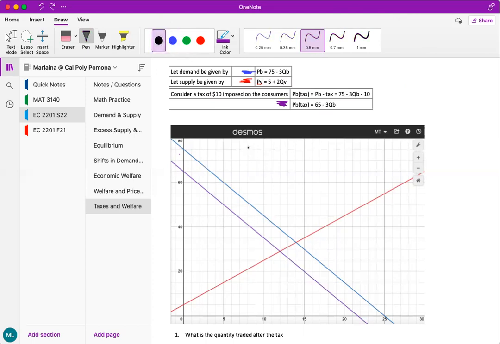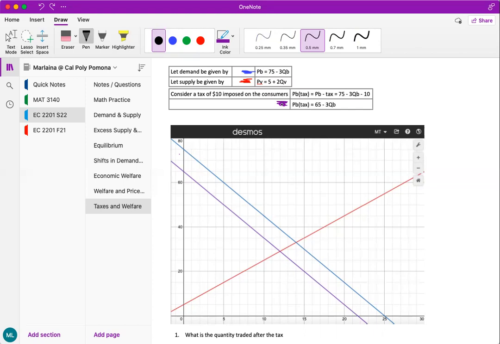The reason that the demand curve is shifted downwards is because the demand curve represents the price that the consumers are willing to pay. In this case, this purple curve that's shifted down represents how much of what consumers are paying is actually being given to the producers.